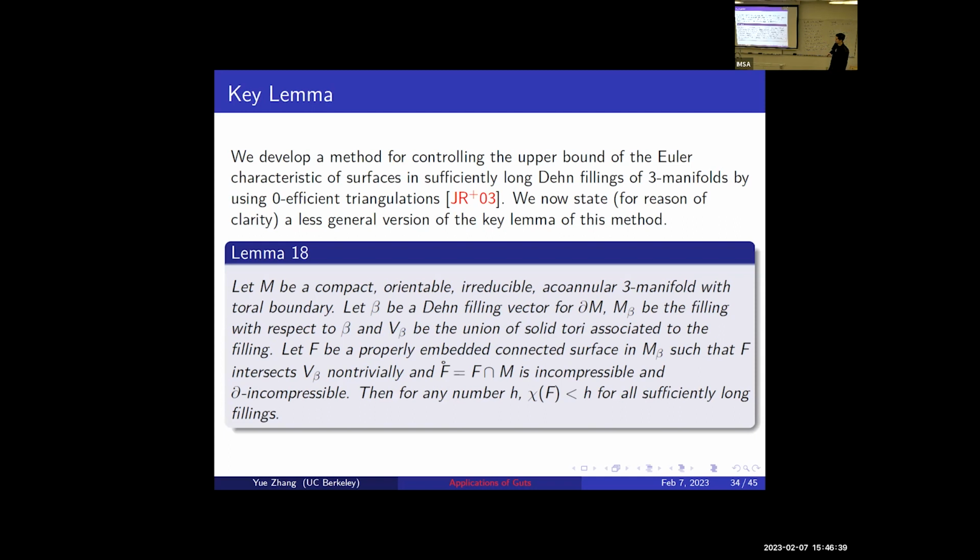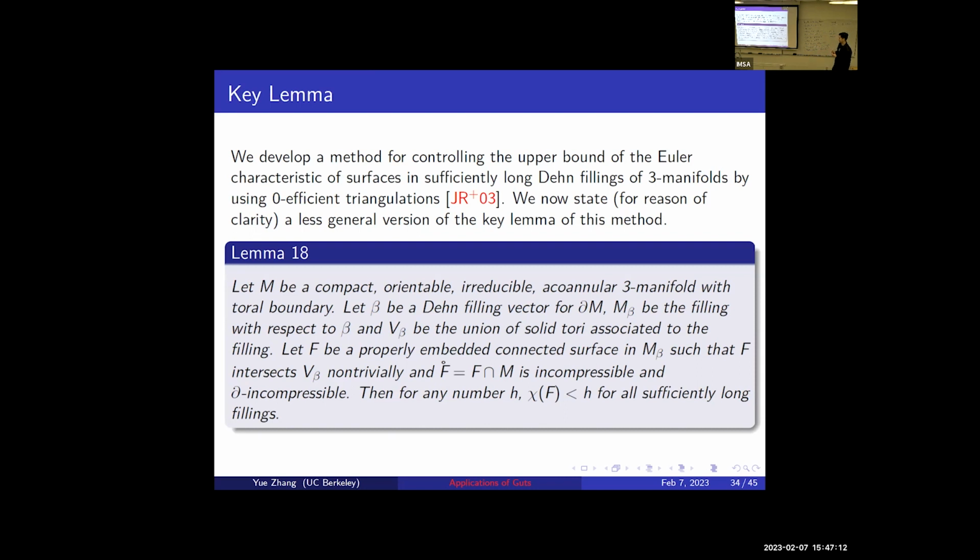So this is the lemma that we use for generalizing many theorems in sufficiently long Dehn fillings. Let's say M is a compact orientable irreducible and acoannular 3-manifold with only torus boundary. We let beta be the Dehn filling vector for the boundary of M, and N(beta) is the filling with respect to beta. B(beta) is the union of solid tori associated to the filling.